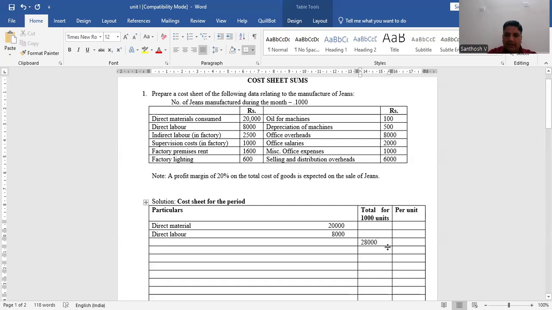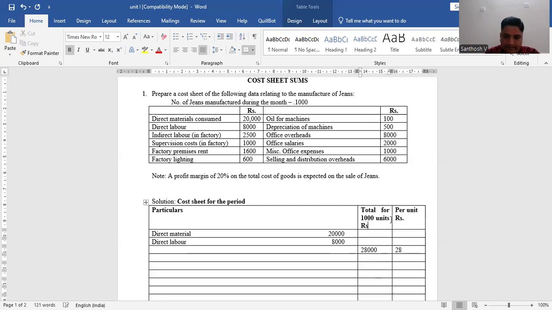In the per unit column, don't forget to write the rupees symbol. This 28,000 is called the prime cost. So adding together, you get the prime cost.